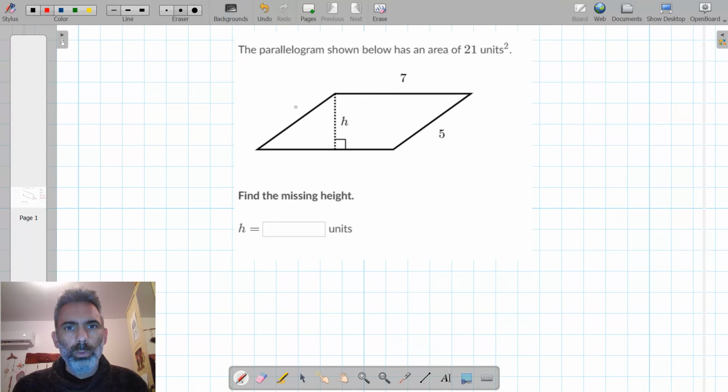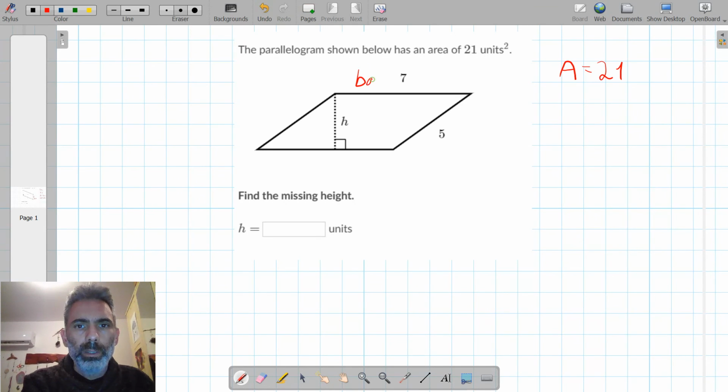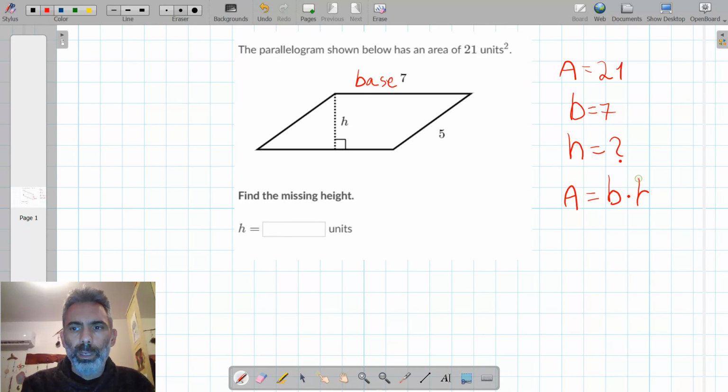The parallelogram shown below has an area of 21 units. So we know that the area is 21. We see that the base of the parallelogram equals 7, and the height is unknown. We need to figure out the height. Okay, so we know that area equals base times height.